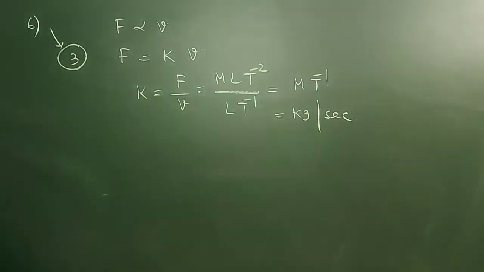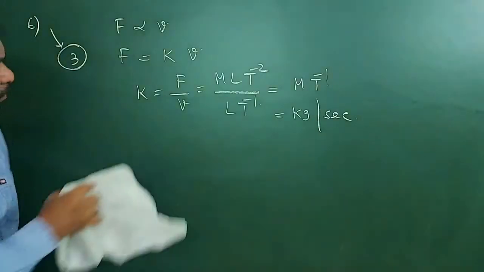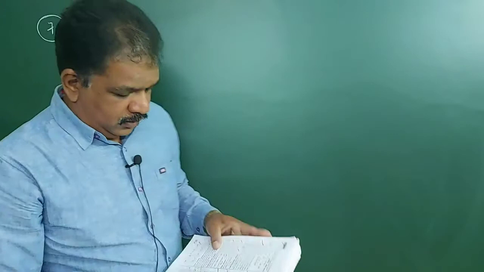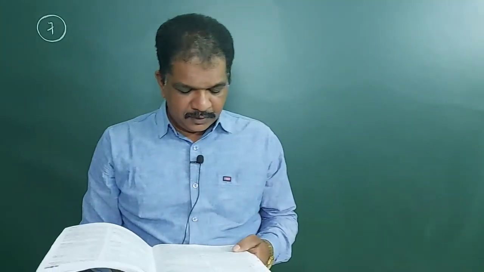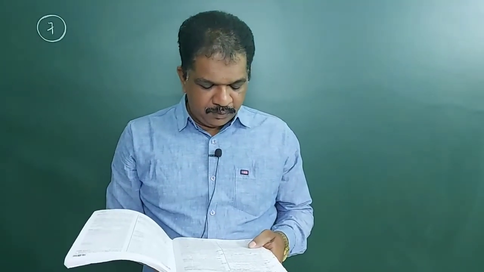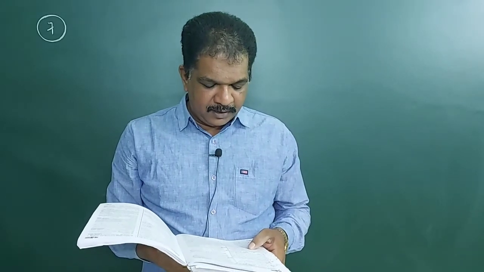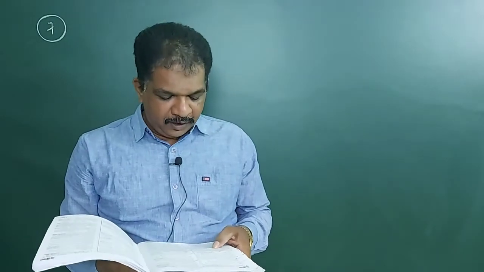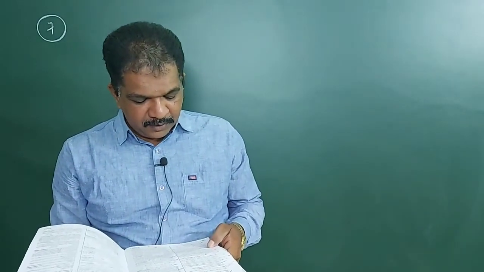Next, see the seventh one. Equation of a simple harmonic wave is given by y equal to 3 sine of pi by 2 into (50t minus x). Ratio of maximum particle velocity and wave velocity?